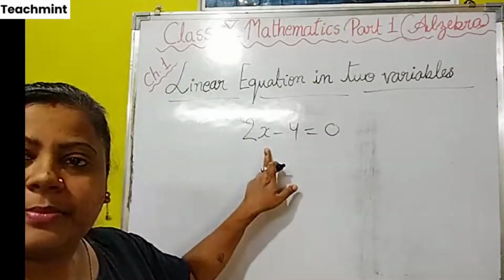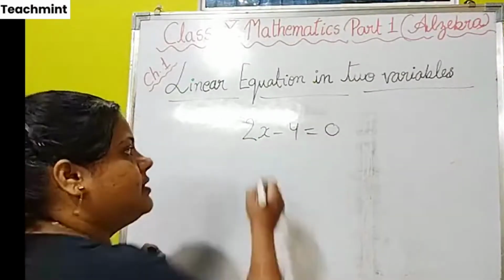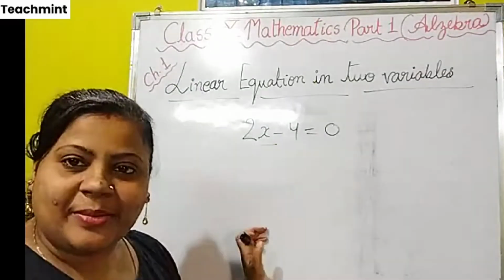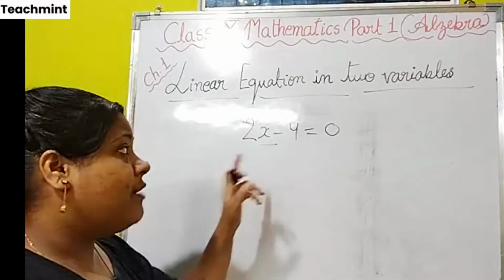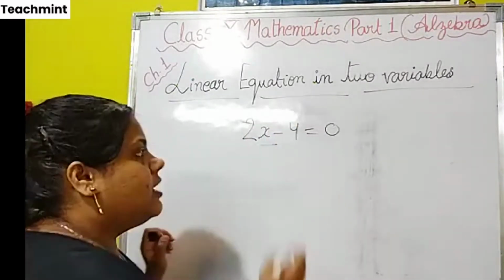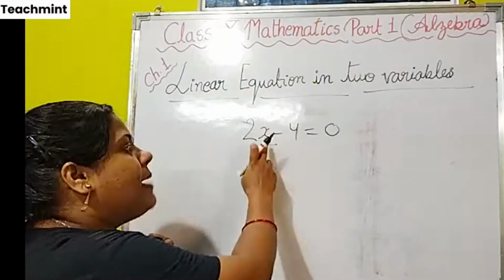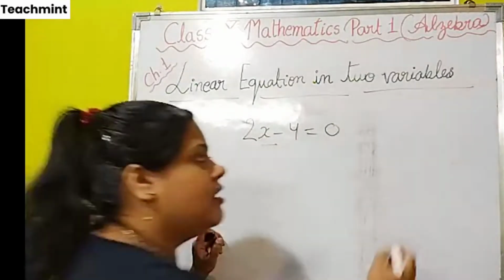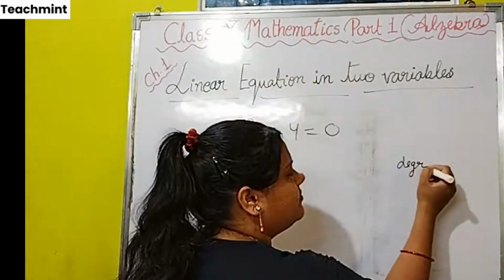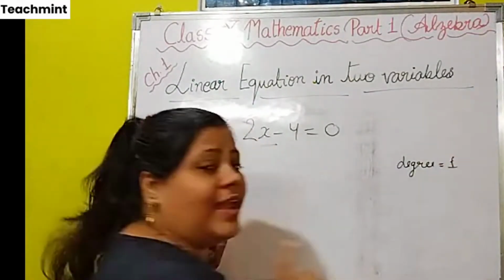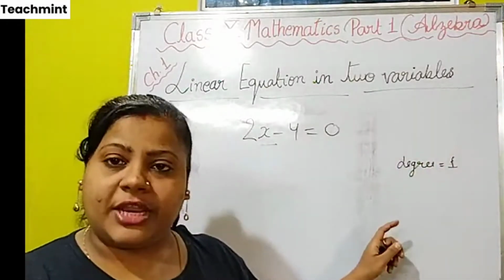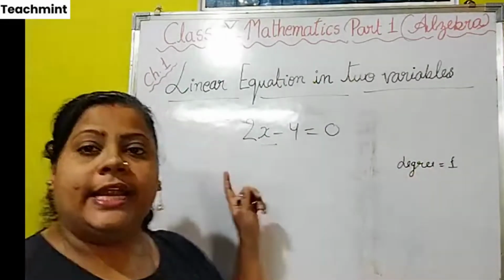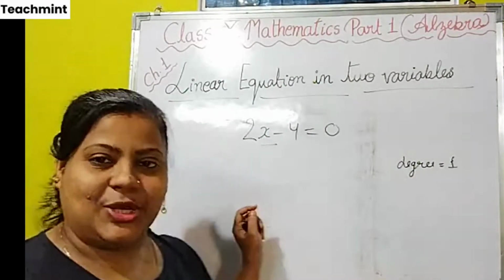Here x is the variable, only one variable. Degree means the power, so the power of x is 1 here. Whenever an equation has a variable whose degree is 1, it is a linear equation.